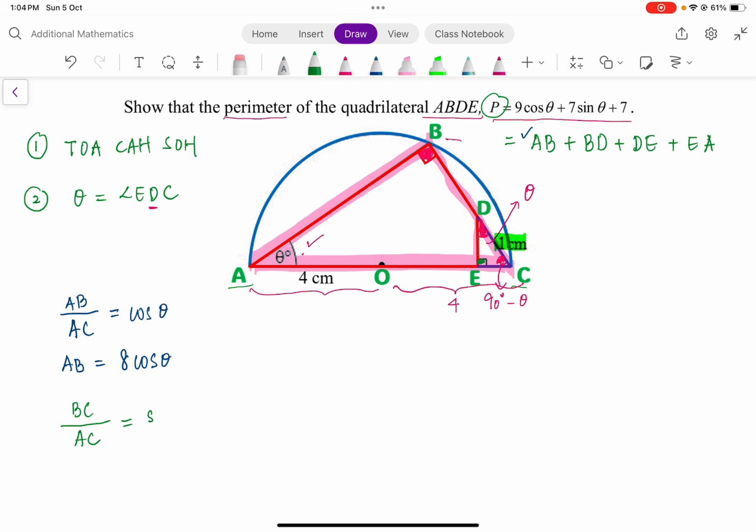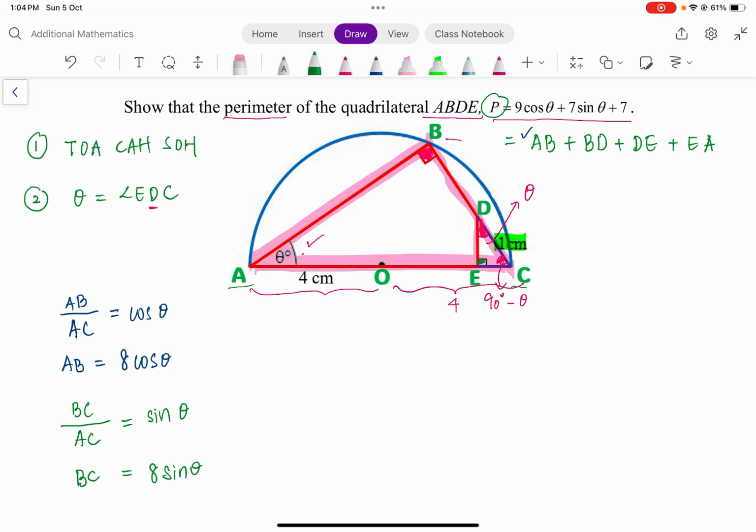So I know that BC over AC is equal to sine theta. Based on this, I know that my BC is equal to 8 sine theta. Now, I have found BC. What do you think is my BD?